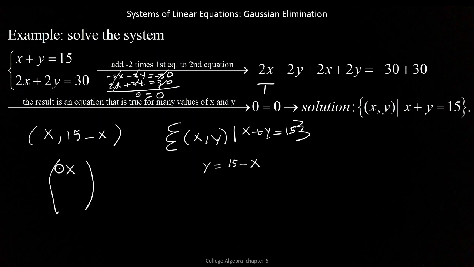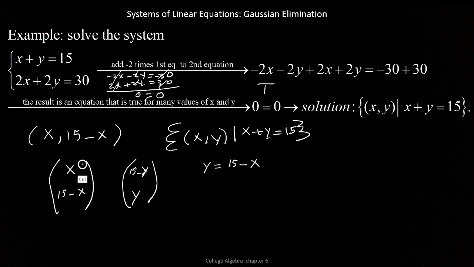Let the first variable x be free, and then y has to be 15 minus x, right? Your choice. You could also make y be free. If y is free, then x is 15 minus y, right?